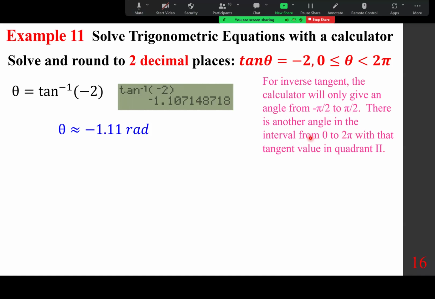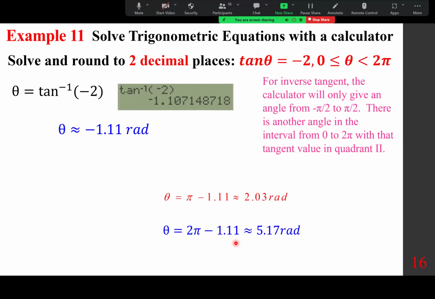There is another angle in the interval of 0 to 2 pi with that tangent value in quadrant 2. Theta is pi minus 1.11, 2.03 radians. 2 pi minus 1.11 is 5.17 radians.